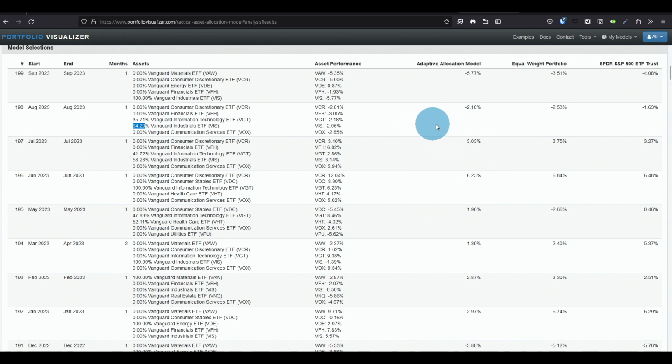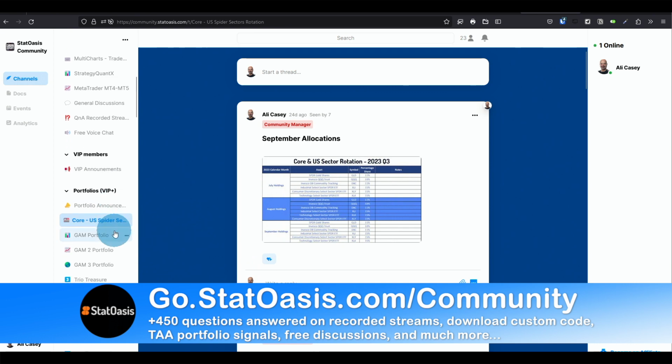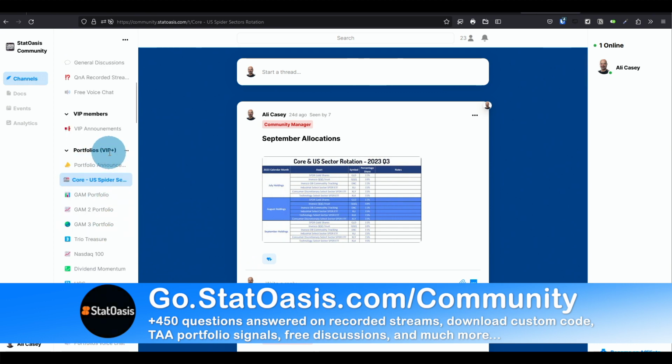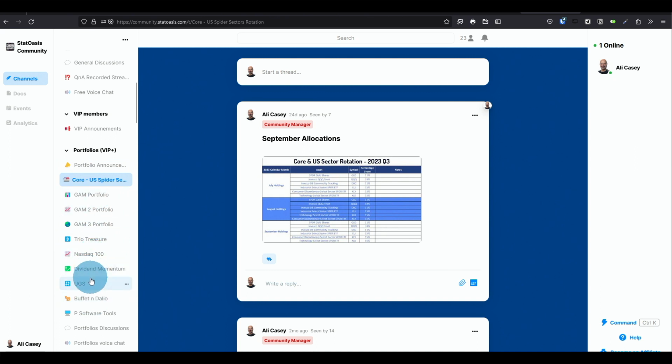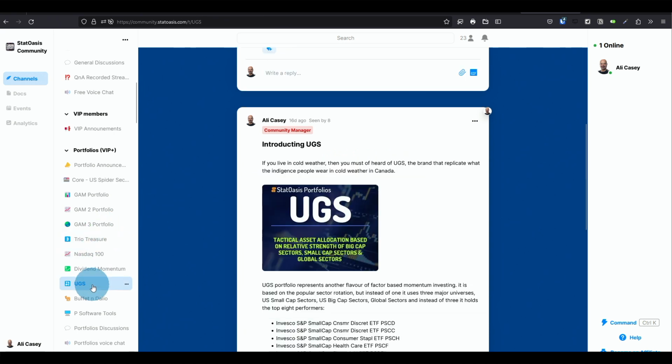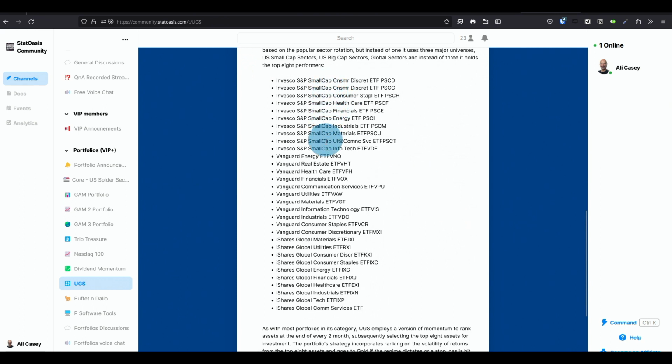This can be further enhanced using different methodologies, and I use those methodologies to build different portfolios. So here in the VIP Plus community where I have all these portfolios, these are all portfolios using some version of this rotational momentum strategy. So for example, here I have the core and US sector rotation. And for example, I introduced this portfolio last month and it trades all these sectors.